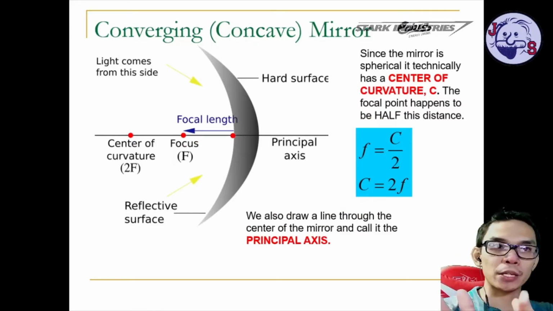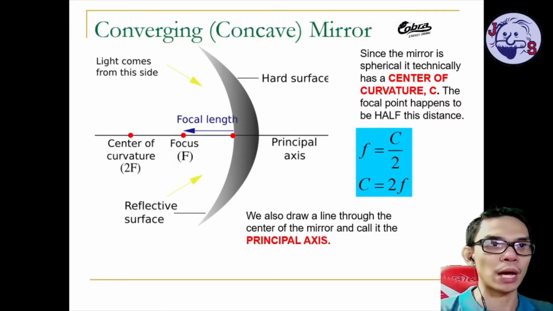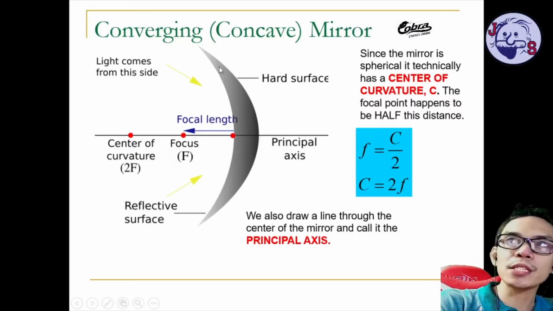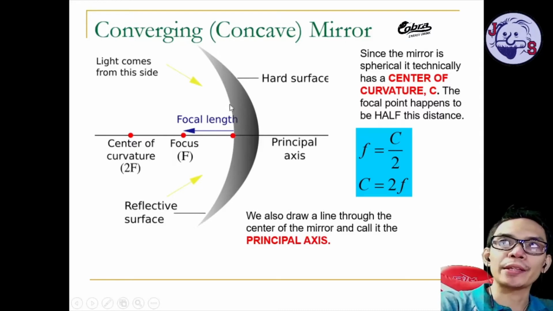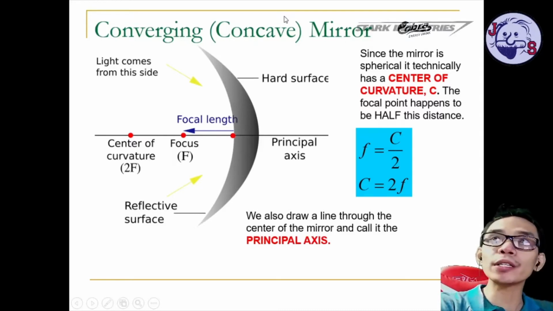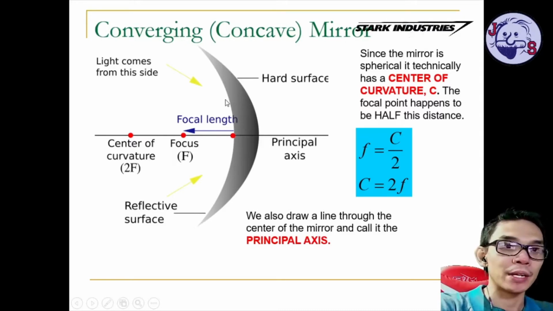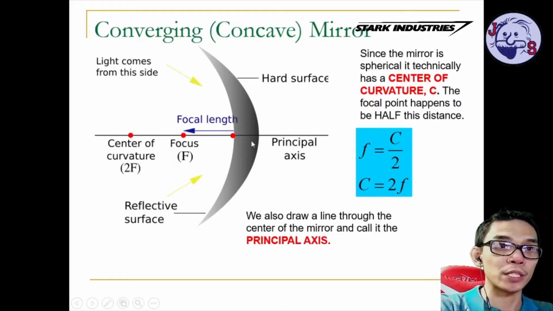First, this is the lens or the mirror. In this case, we have the mirror, and this is the reflective side, whether it is a concave or a convex mirror.